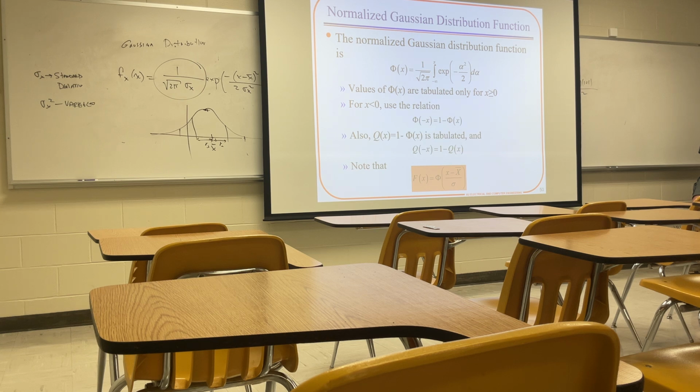If you have a mean value and a value of x and you want the probability of x being less than the event, you have a standard deviation. If you calculate x minus x bar over sigma, you can look it up in a table, and the symbol used for the table is capital phi, in Greek.